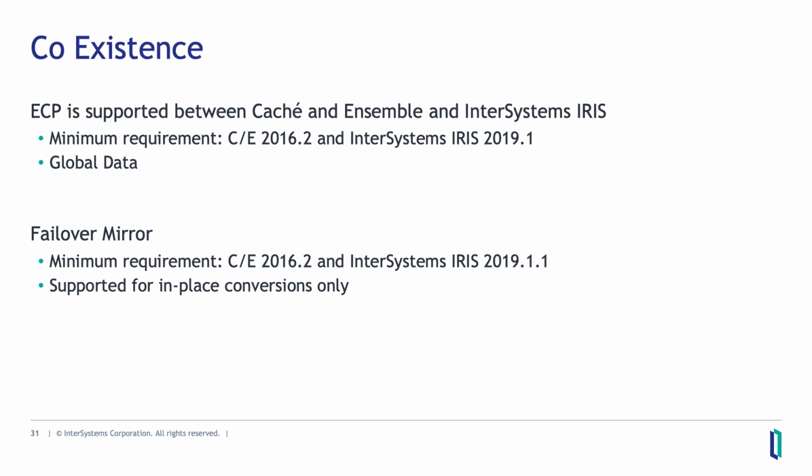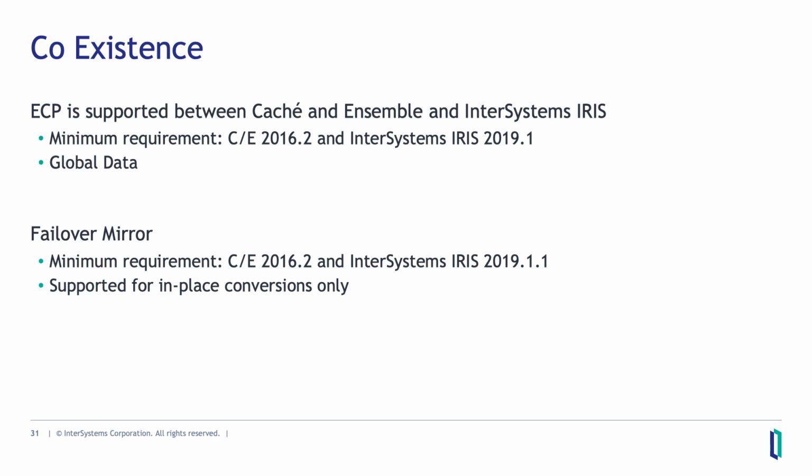So what is available today, what is coming? One of the things we're doing for coexistence between both environments is we're supporting ECP for version 2016.2 and later between both product lines, but for data only, because the routine format and class format can be different between both products. We don't support this for classes and routines.